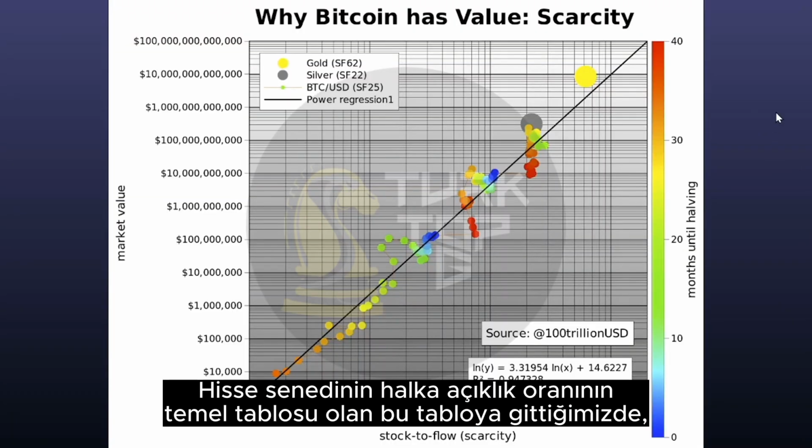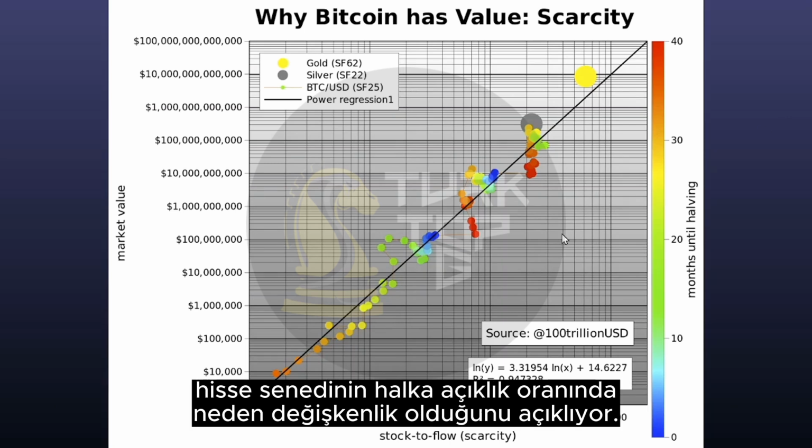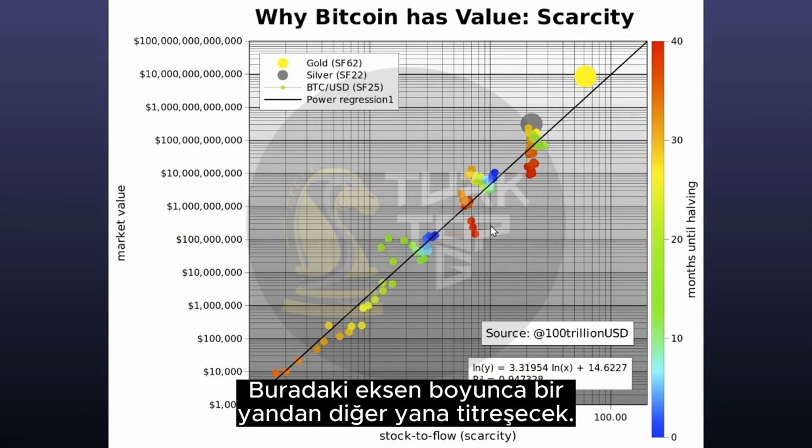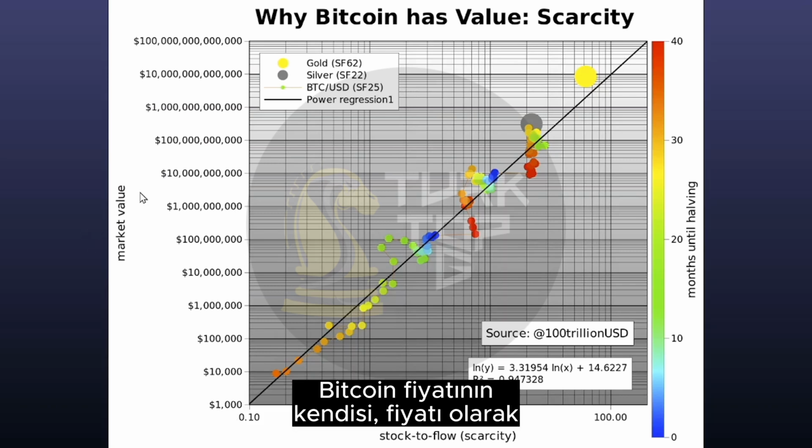So when we go to this chart here, which is pretty much the foundational chart of the stock to flow ratio, it explains why there's variability in the stock to flow ratio. When taking into consideration that the inflation rate has a little bit of noise in it, so it will vibrate from side to side along this axis down here, and then the Bitcoin price itself.